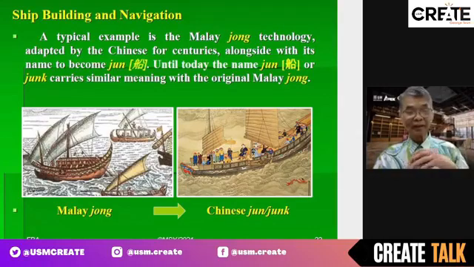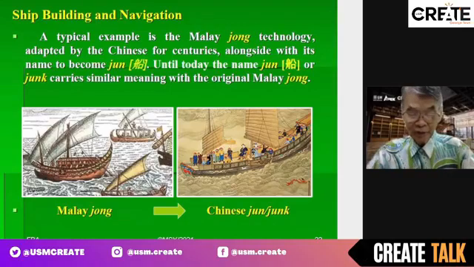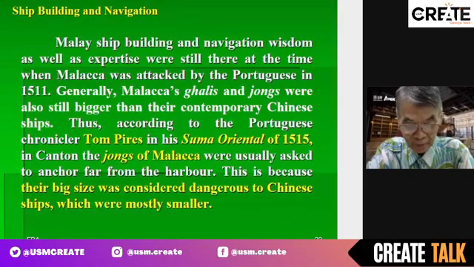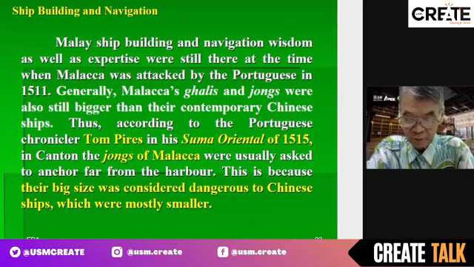Okay, friends and colleagues, Malay shipbuilding and navigation wisdom, as well as expertise, was still there at the time when Malacca was attacked by the Portuguese in 1511. At that time, according to Portuguese sources, which I will mention down below, generally, Malacca's galleys and jongs were also still bigger than their contemporary Chinese ships.